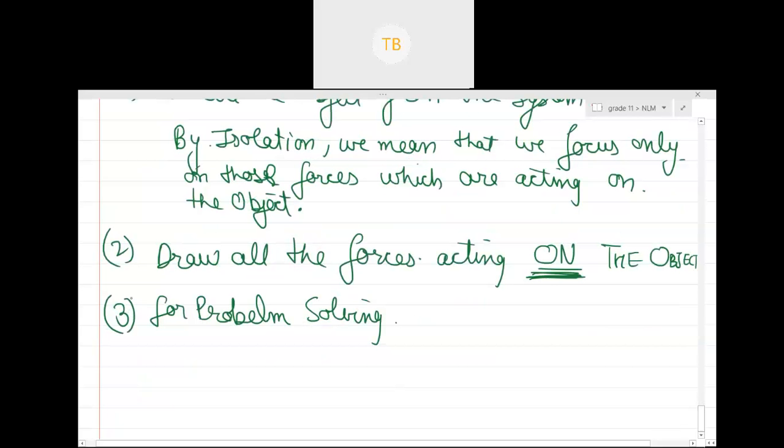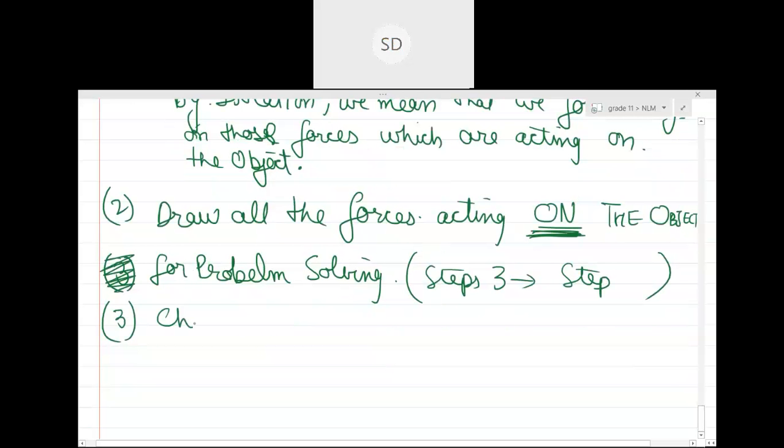Okay, guys? Steps 3 to whatever it will go are based on problem solving. First step is choose a frame of reference. Okay?